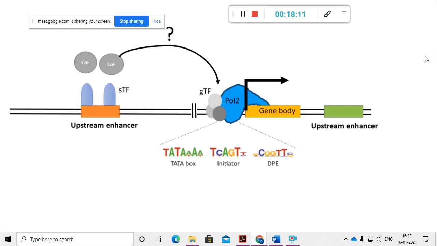These cofactors could be either co-repressors, or in some cases coactivators. If it's a coactivator, the upstream enhancer sequence undergoes a DNA folding mechanism such that these cofactors and specialized transcription factors can interact with this Pol2 complex and thereby regulate the frequency of transcription, or how frequent or what the speed of the transcription would be.